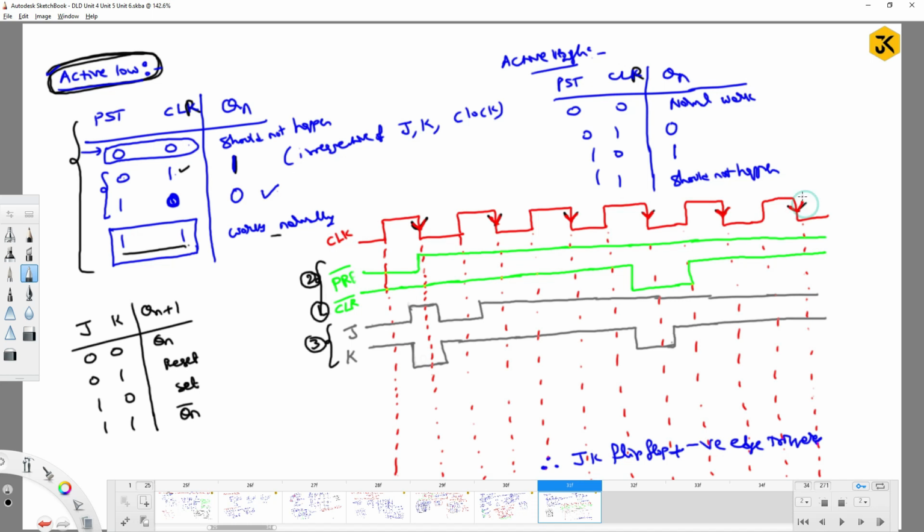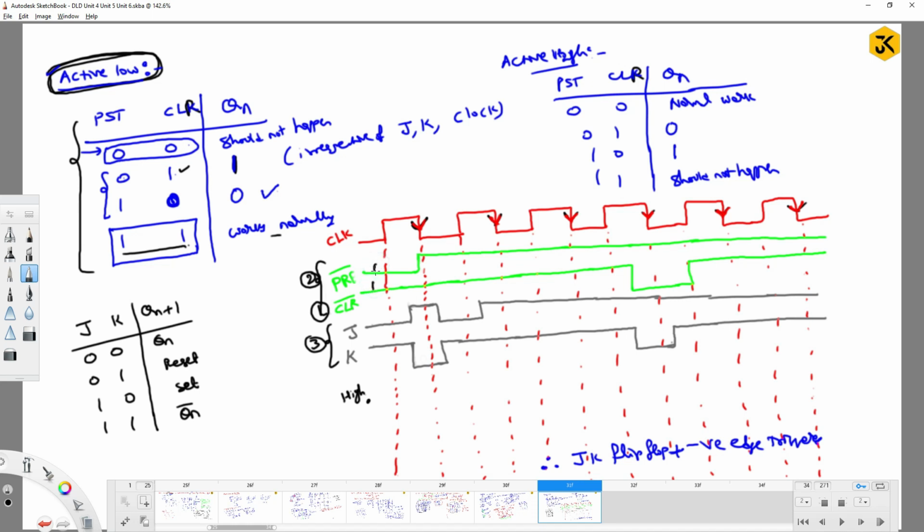Okay, fine. So if I start at a particular point, something like this, assume that this is high. First, it is going to check the clear command, right? Preset is 0 and clear is 1.